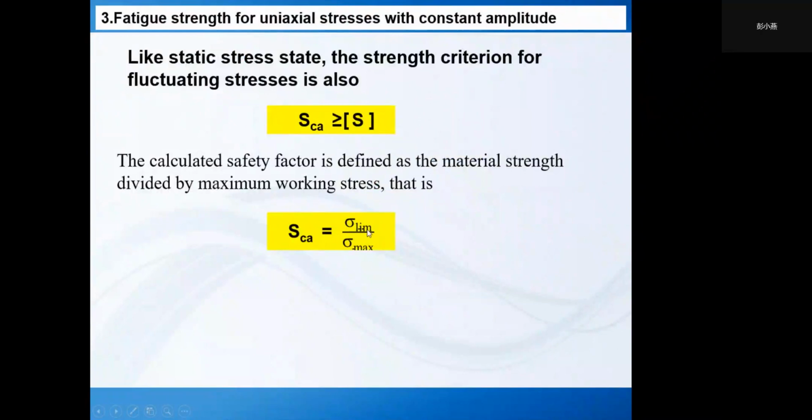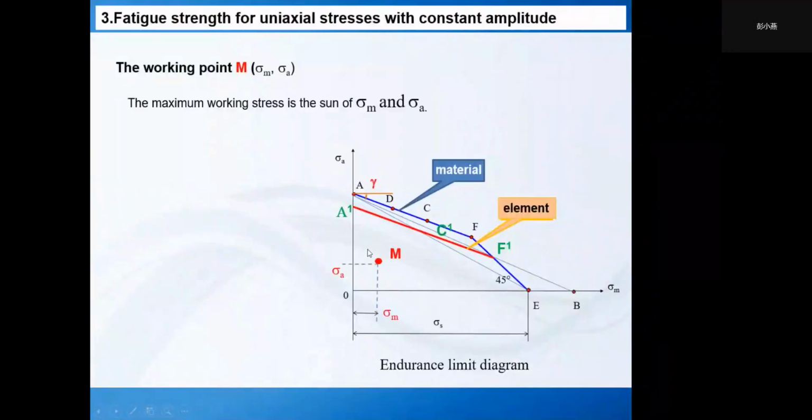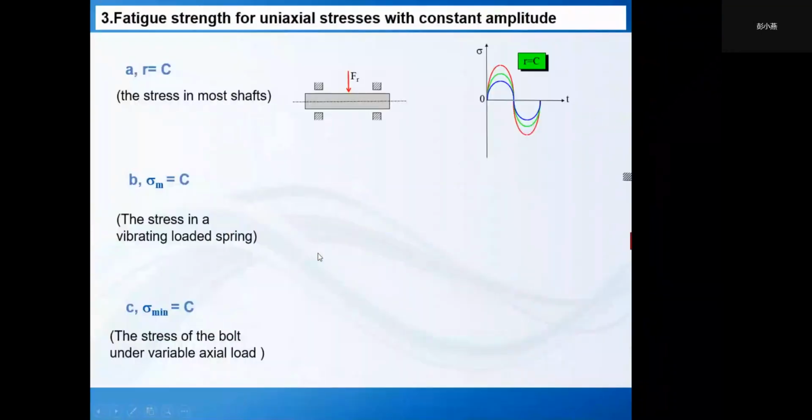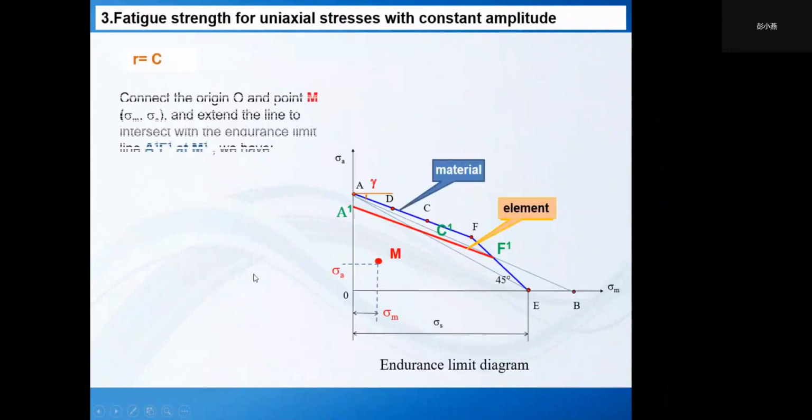For static stress, the limit is sigma B or sigma S. And for the fluctuating stress, we consider three conditions: R is constant, or the mean stress is constant, or the minimum stress is constant.